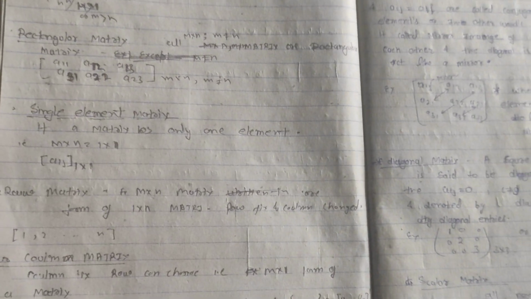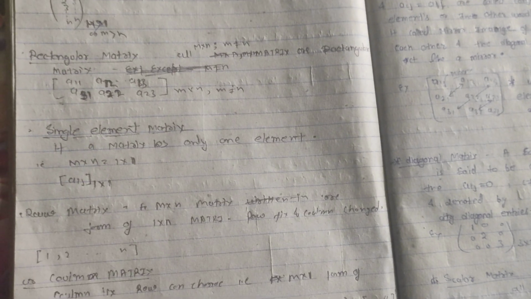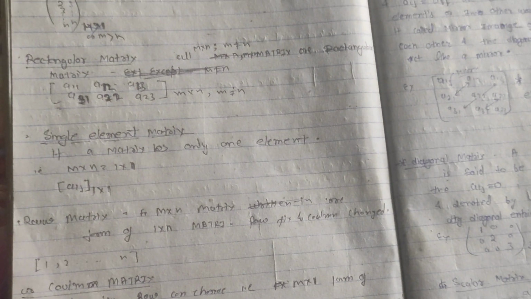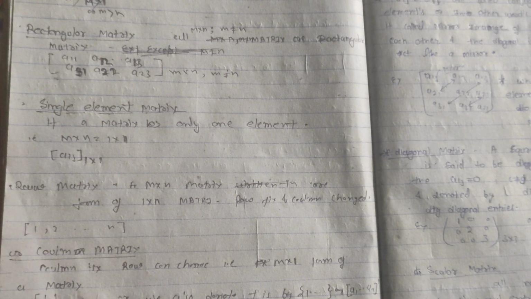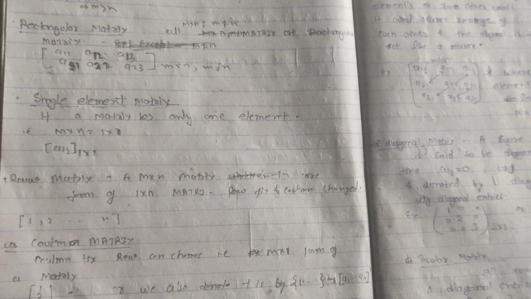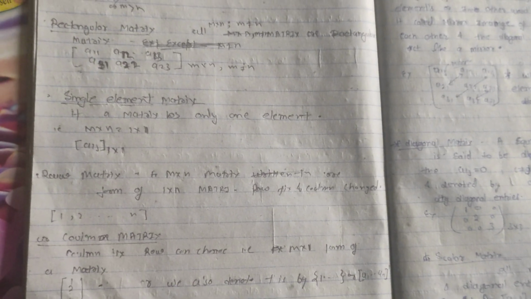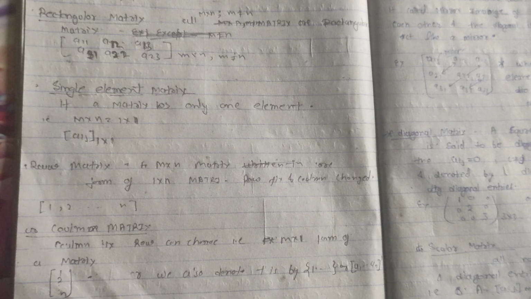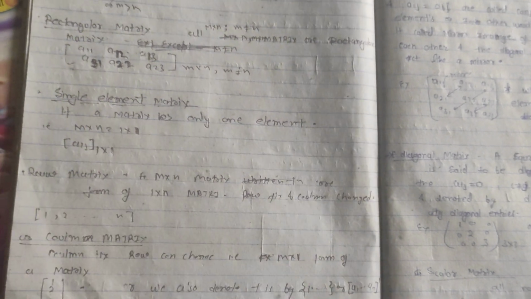When we talk about a row matrix, as you see in the definition, an m cross n matrix which has only one row and the number of columns is n. This type of matrix is called a row matrix or row vector, because it has only one row.